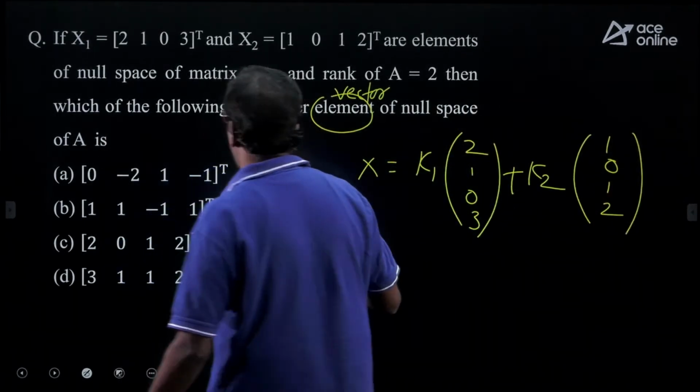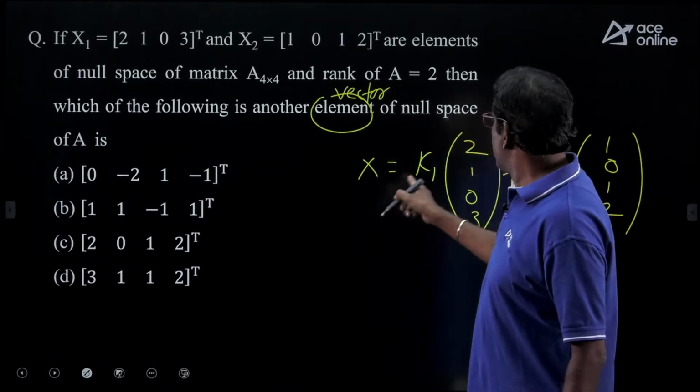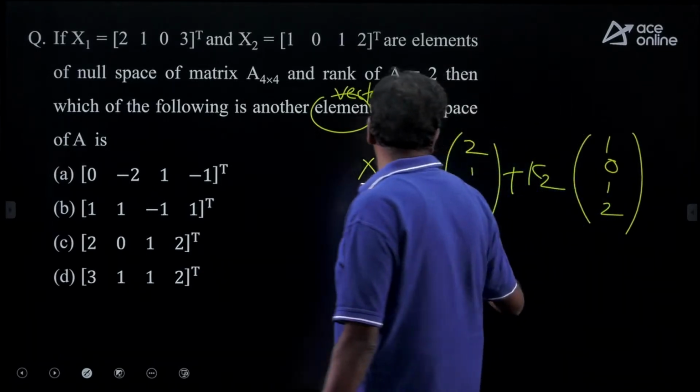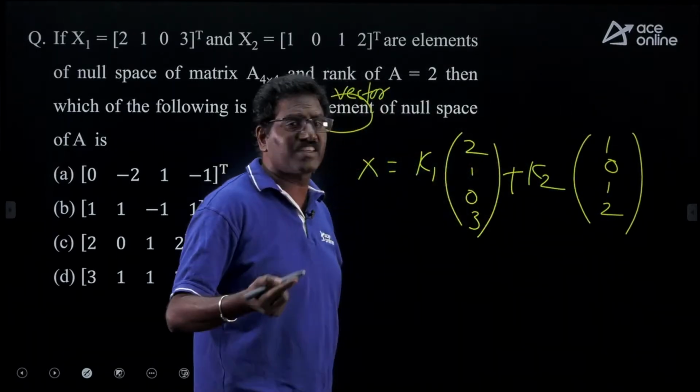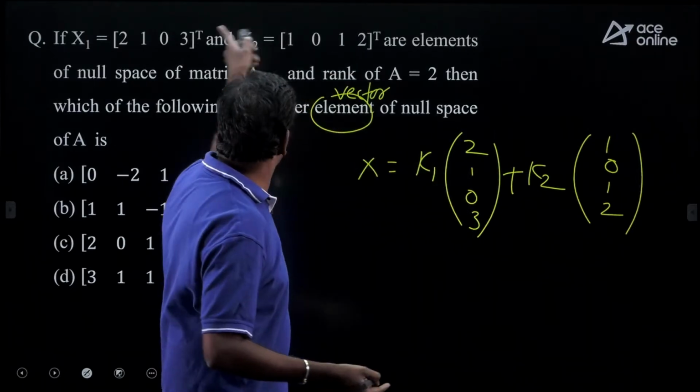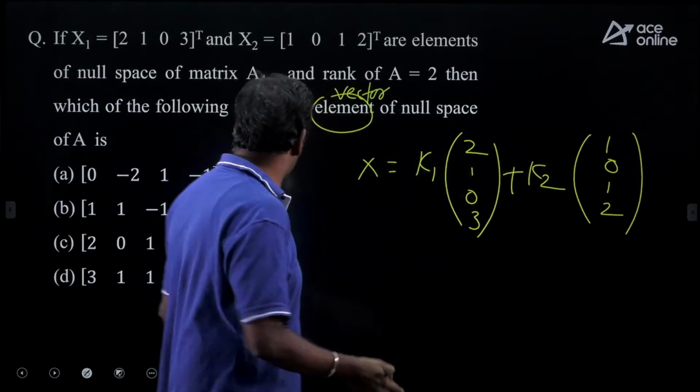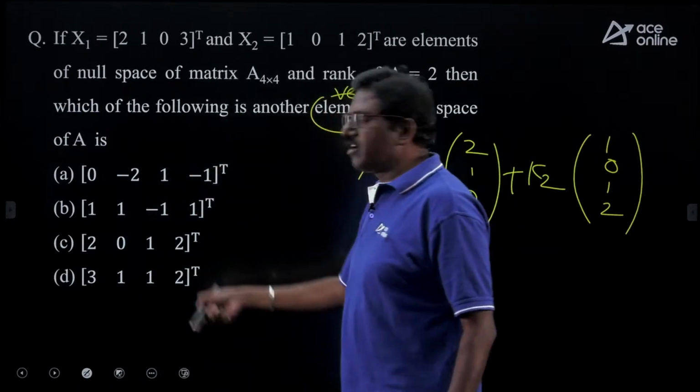So now from the options verify. k1, k2 are scalars. Some scalar into first vector plus some scalar into second vector must be equal to one of these options.